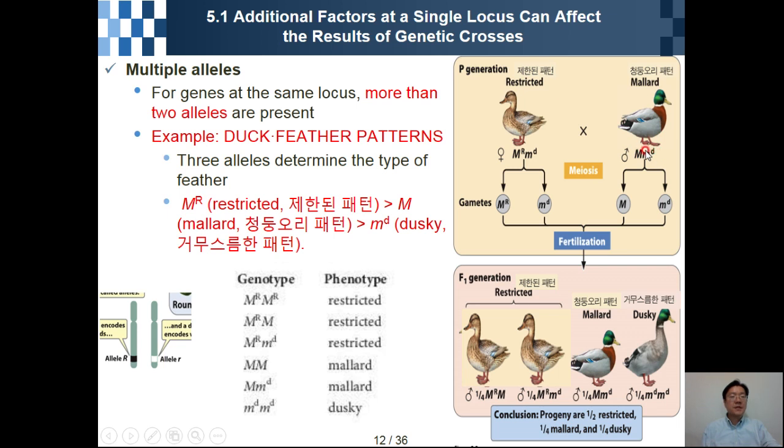So in these cases, their gametes, the sperm, one will be large M, one will be small md. The female will have eggs, one egg with large MR, and one egg with small md. After fertilization, we can do a Punnett square.